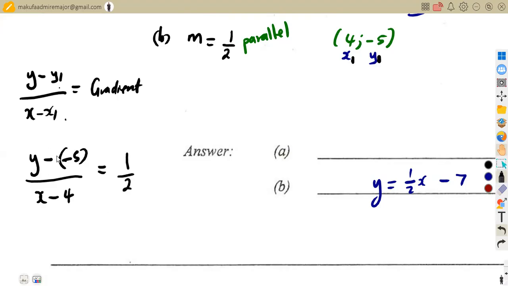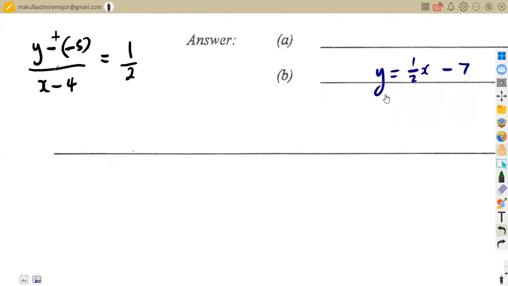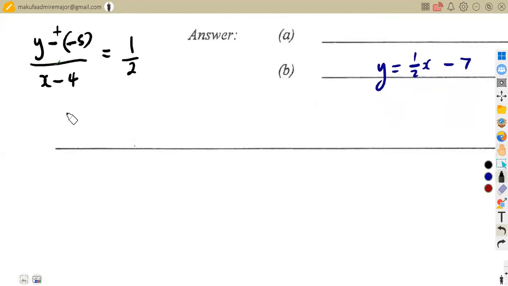You can simplify minus and minus, that's a plus in this case. So at the end, we are going to have (y + 5)/(x - 4) = 1/2. You can cross multiply to remove the fractions.